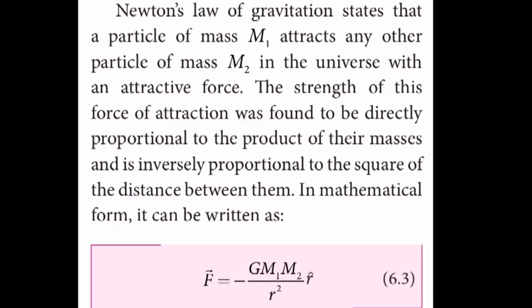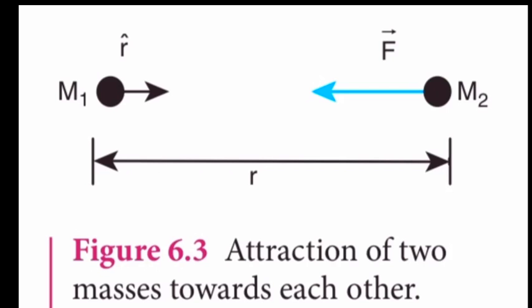The distance is denoted in vector form as a unit vector, R cap. Here why are we using the minus sign? Because the force is attractive, the distance is reduced, so we have to consider it as a negative value. Therefore F vector is equal to minus G M1 M2 by R square into R cap.